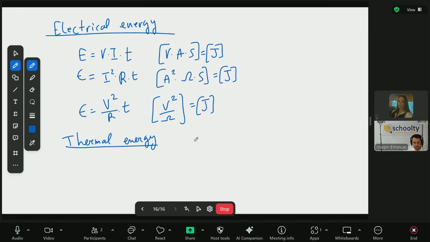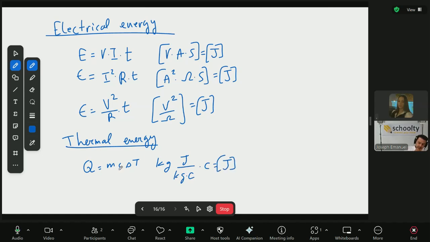Let's remember the equations. So as we said now, Q is mc delta T, so you have kilogram multiplied by joule per kilogram Celsius.